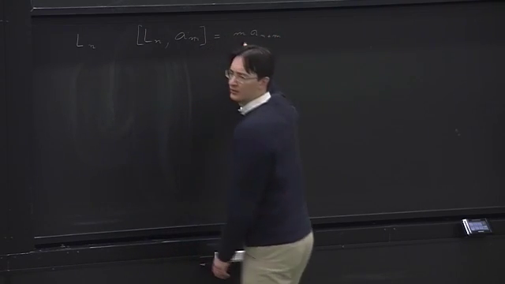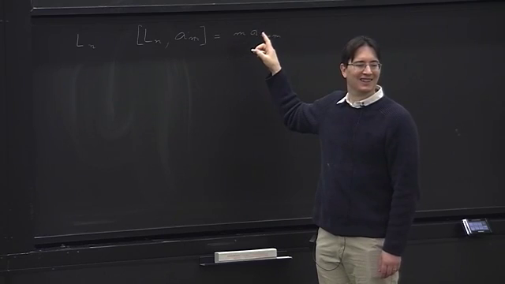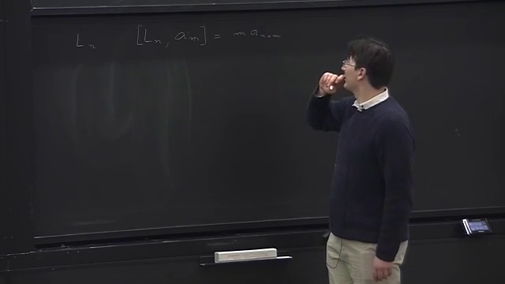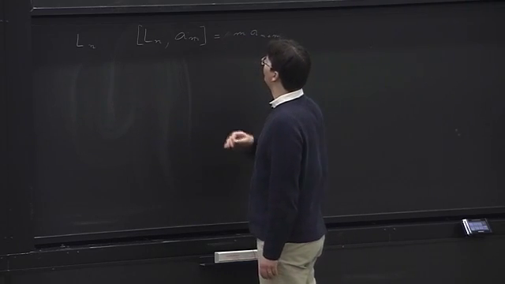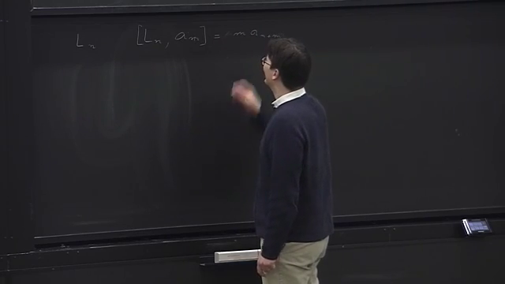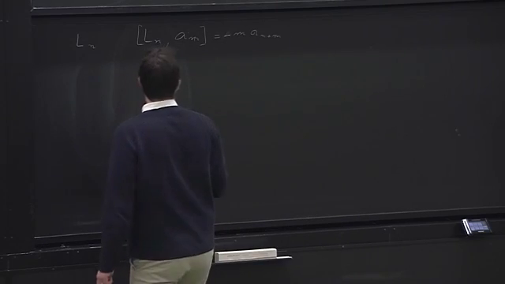Correct me if I'm wrong. Was there a minus sign? I left my notes. It's probably a minus sign. A plus sign? Yeah, it's a minus because a minus m is supposed to raise the eigenvalue.